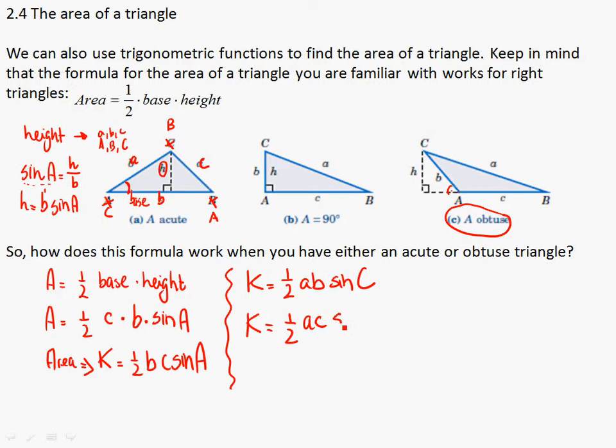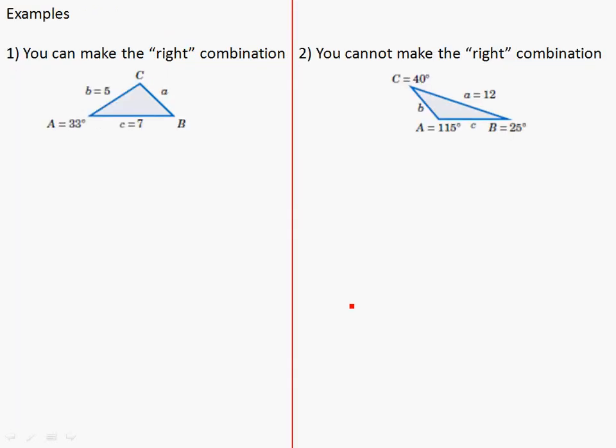A and C, and then it will be the sine B, right? So you get two sides, and the missing side is the one whose opposite angle you take the sine of. Are you okay with all that? So that's a different formula based on different triangles and probably slightly different information that you have.